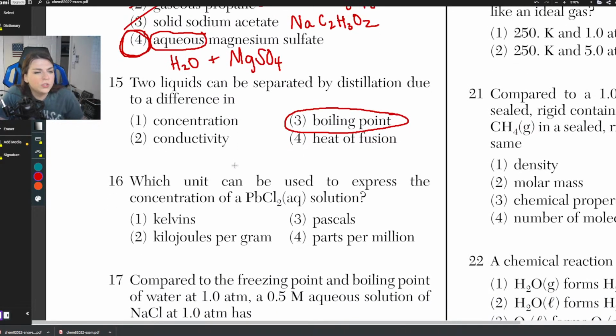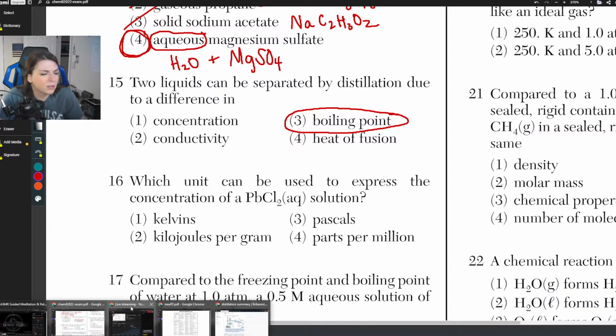Which unit can be used to express the concentration of a PbCl2 aqueous solution? Okay, that is lead 2 chloride. To express the concentration, I would tell you to go check out table D. Which do I want?